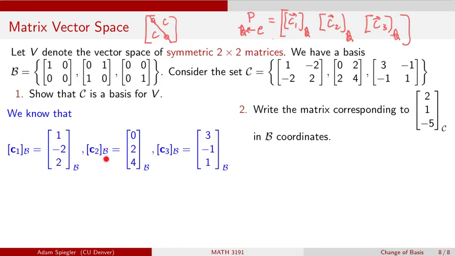For C2, when we write this in B coordinates, we have 0, 2, 4. C3, when we write in B coordinates, would give us 3, minus 1, 1. And that's where the 3, minus 1, 1 comes from.